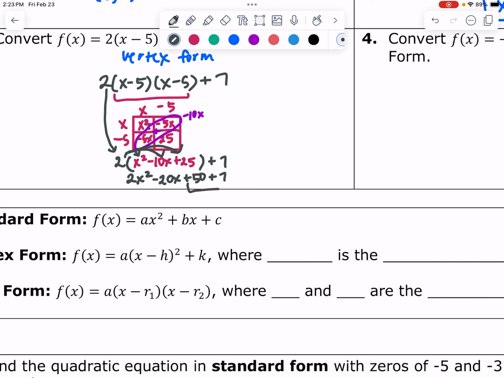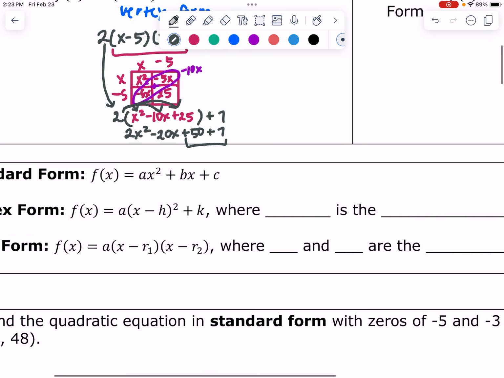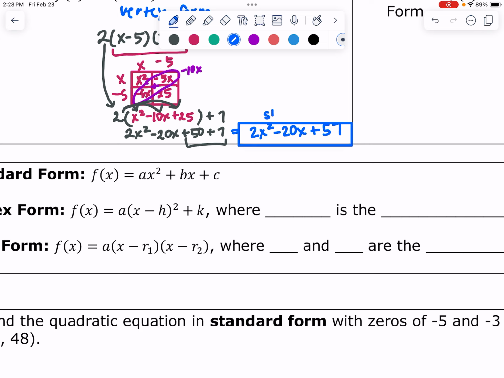And then your last step is to combine these last terms. And so we would get 2x squared minus 20x plus 57 as our final answer. And so this is our standard form. We can see that A is 2, B is -20, C is 57.